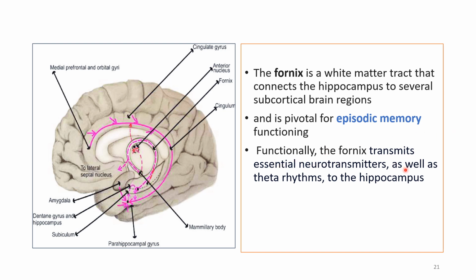Functionally, the fornix transmits essential neurotransmitters as well as theta rhythms to the hippocampus. So this is the fornix, the dotted one, from the hippocampus to several subcortical regions. It is helpful for episodic memory.